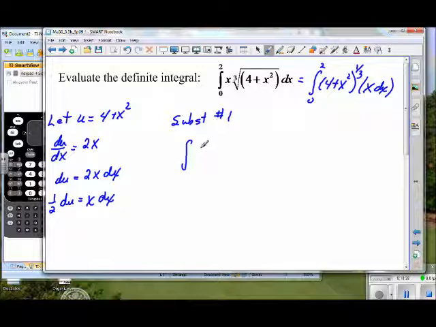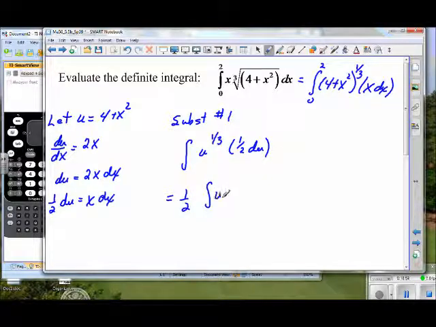We would then have u is 4 plus x squared, so that's u to the 1/3 power. x dx is the same thing as 1/2 du. So we would end up with 1/2 the integral of u to the 1/3 power du.